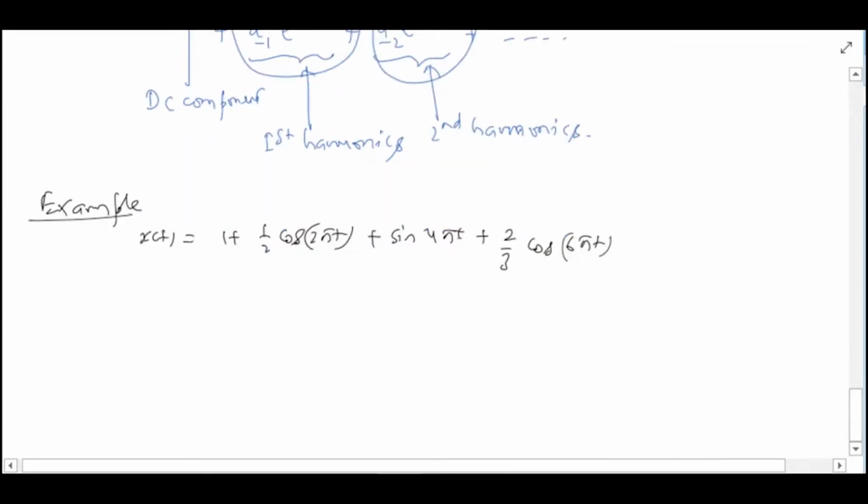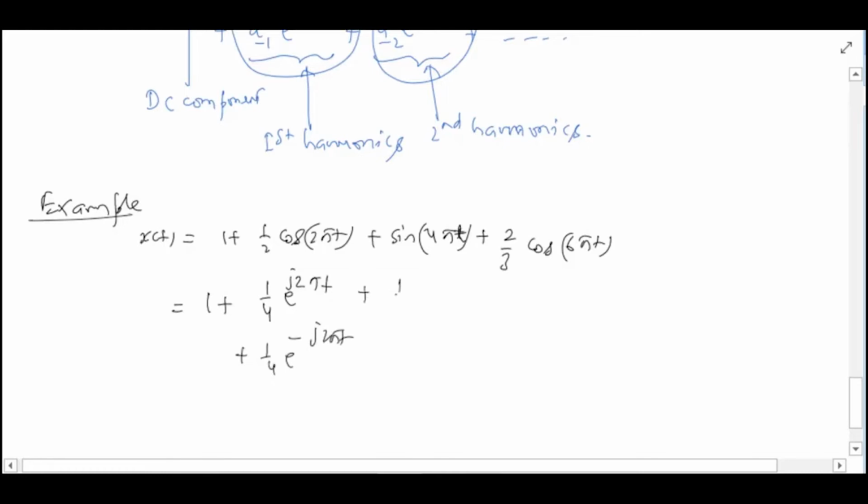We can write these sinusoidals as weighted sum of complex exponentials and write the whole thing as 1 plus 1 by 4 e raised to j 2 pi t, and the corresponding other term e raised to minus j 2 pi t.